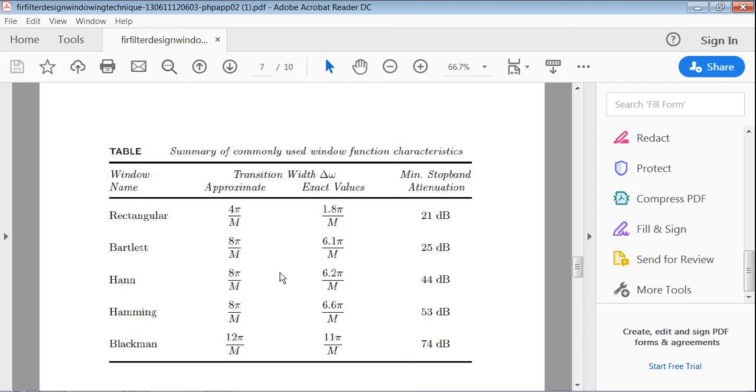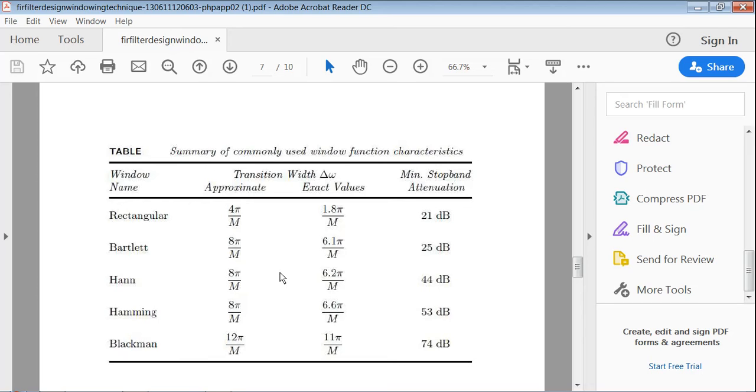See the Blackman window. The Blackman window has very low ripple because the stop band attenuation is very high, but the problem is related to the central lobe width, 12 pi by m.